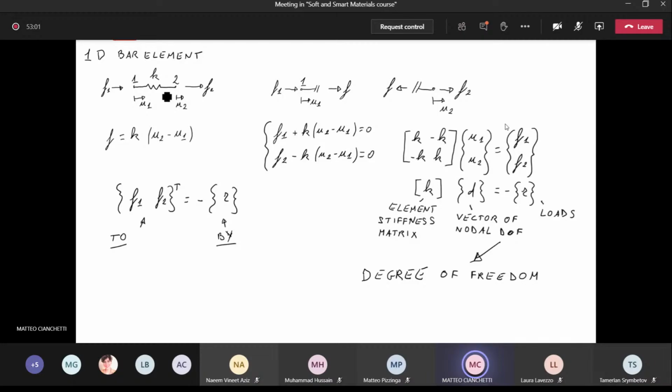But it is very important to keep in mind, especially when you use the software, that for each node there are potentially 6 degrees of freedom. So from now on, when I speak about degrees of freedom or DOFs, I'm relating to this concept.